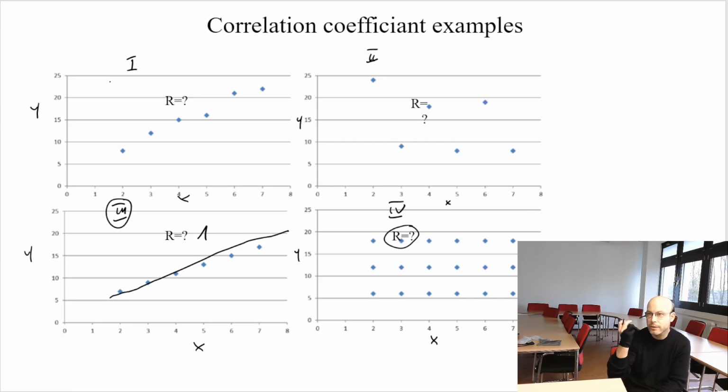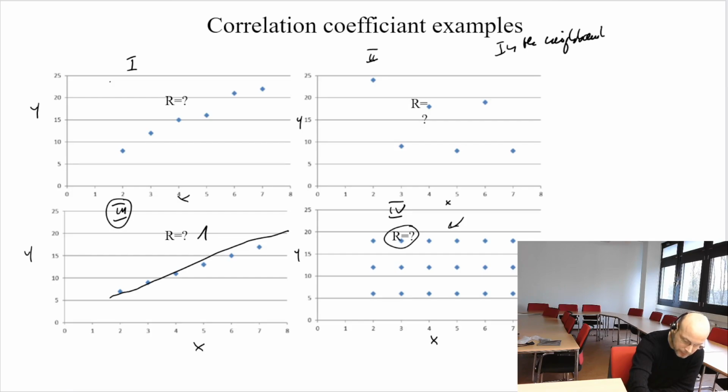And then, of course, you can also think by eye, what would be the best line which I can fit in this diagram. So in the neighborhood of +1, 0, or -1.